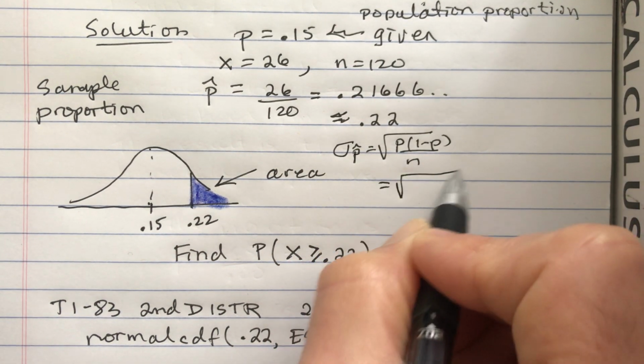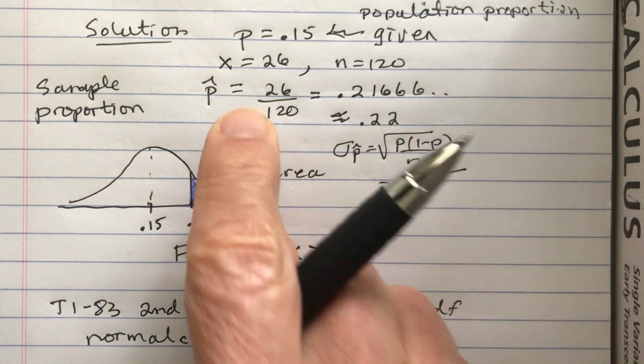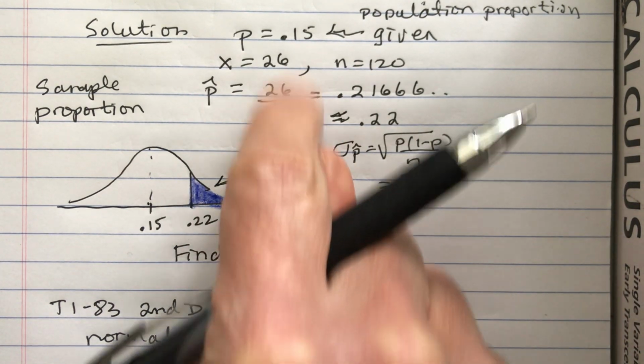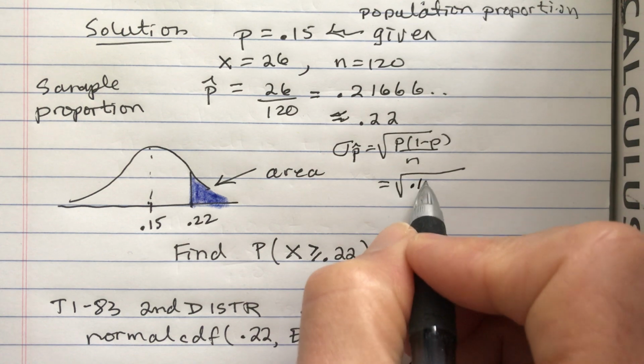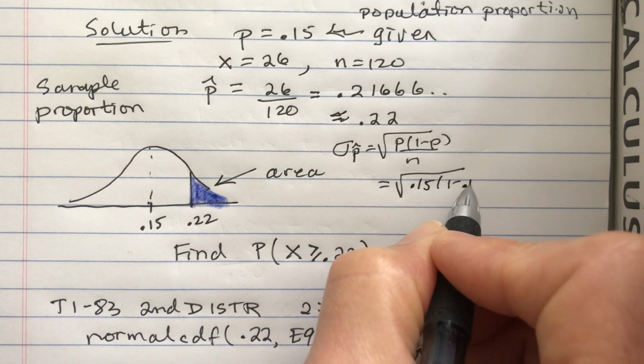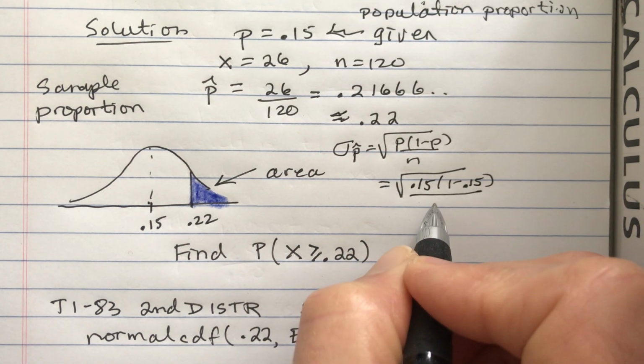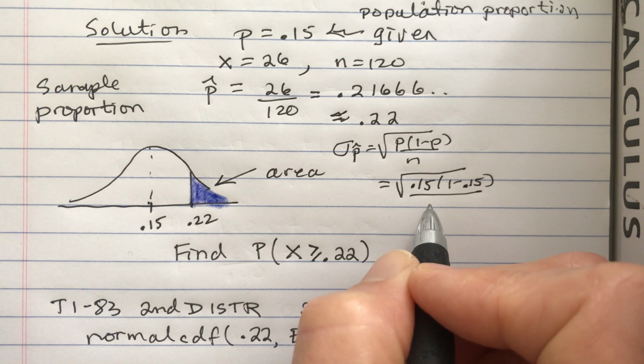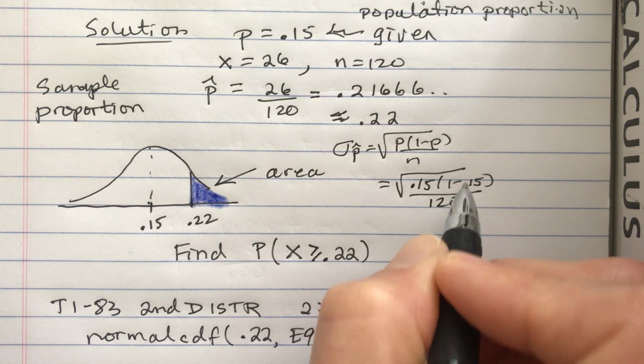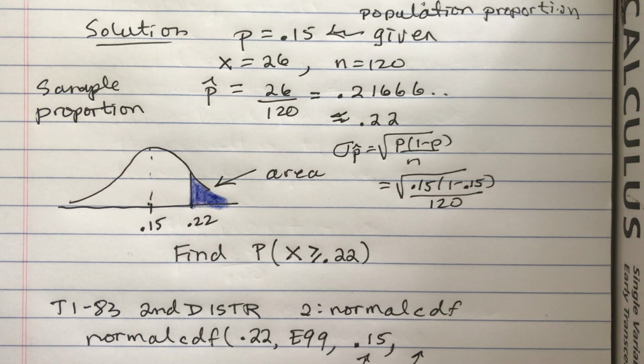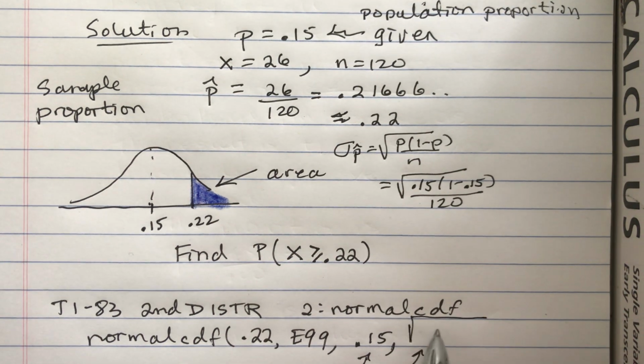So that's going to be the square root of 0.15, 1 minus 0.15 over our sample of 120. Okay, so I'm going to put that in there.